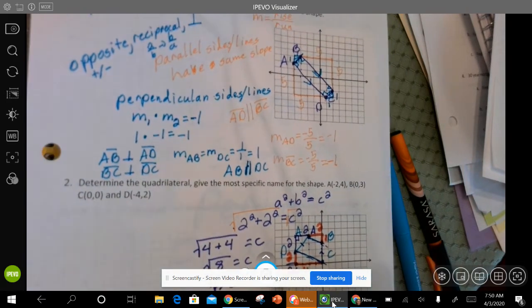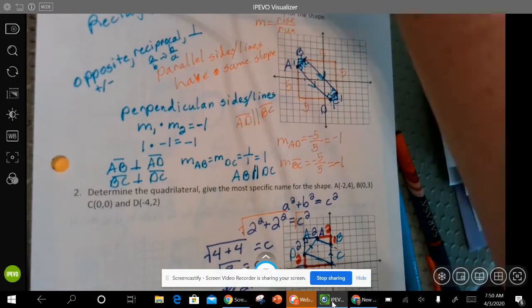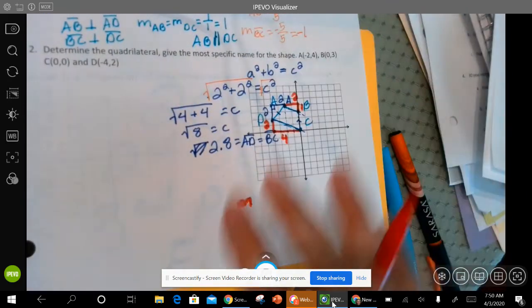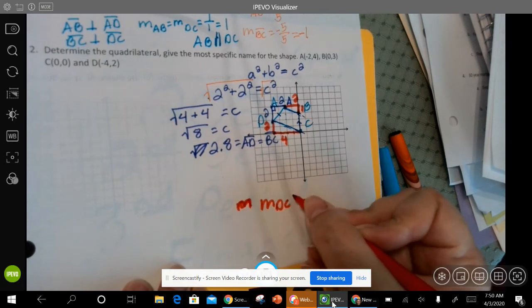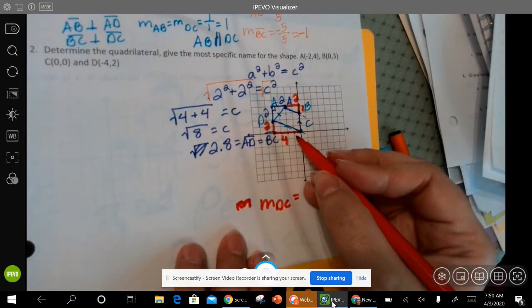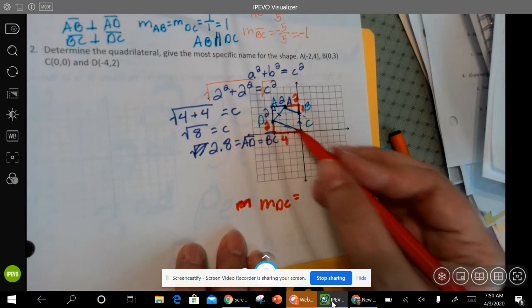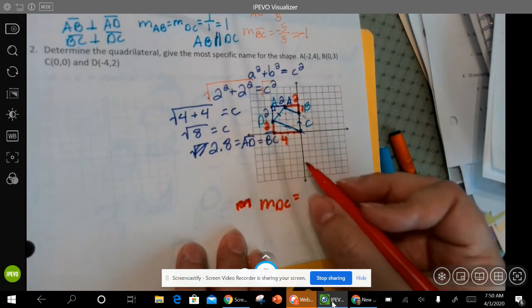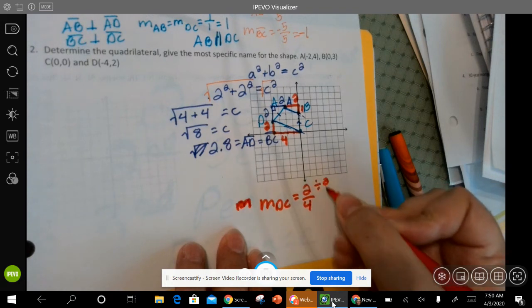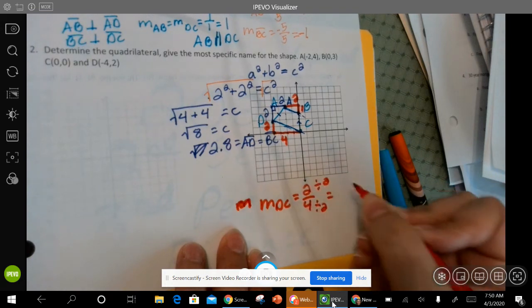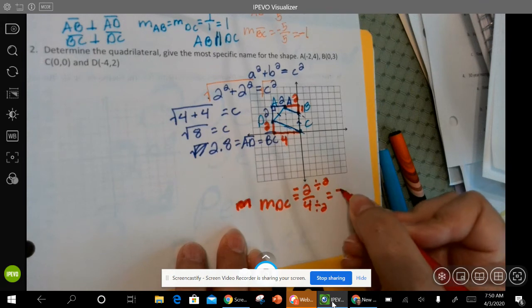So our slope for DC, too much stuff on my table. Okay, so slope for DC is going to be rise over run. Okay, it's going down, so it's a negative. So rise is 2 over 4. We can divide both of them by 2. It's a negative slope, so it's -1/2.